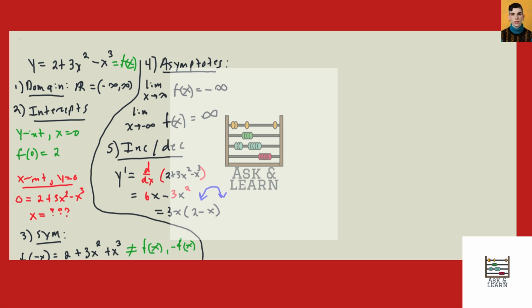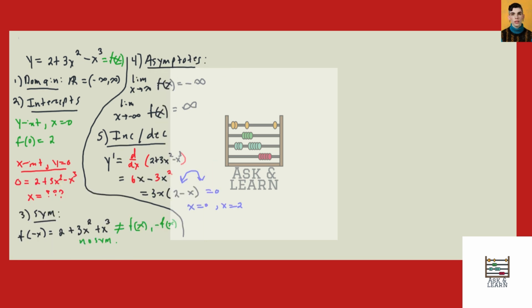So if I set that equal to 0, we have x is equal to 0 and x is equal to 2. And the reason why we care about this, let me go ahead and zoom out a little, is we know that y prime will be strictly greater than 0, or increasing, on the interval.